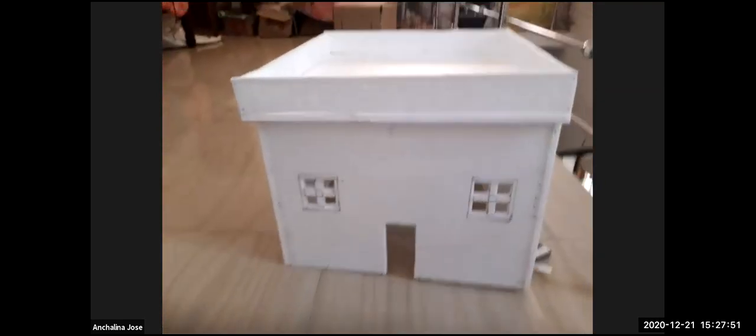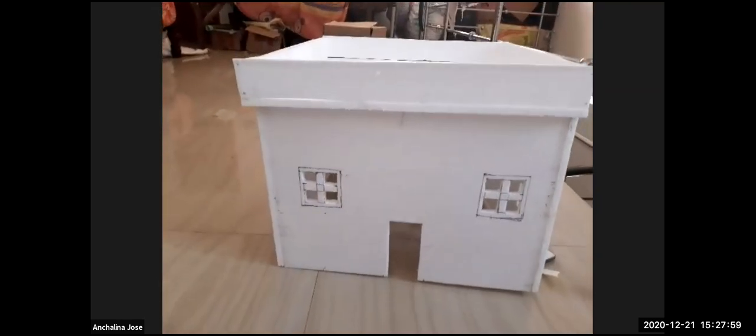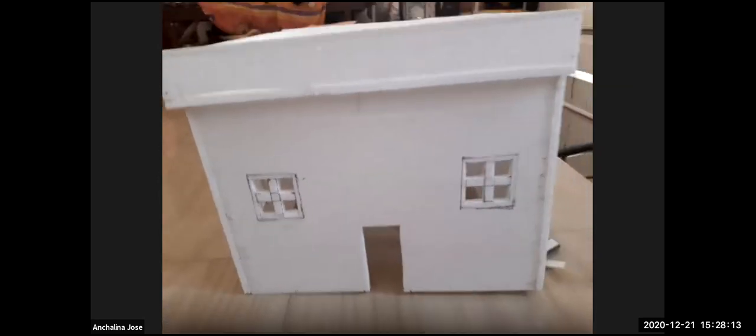It is a little bit big. Okay, children, did you see that? Yes, ma'am, it's very nice. Door, window. Ma'am, I think there are 6 windows. Okay, 6 windows. Okay, children, have you started decorating with the stars and all?